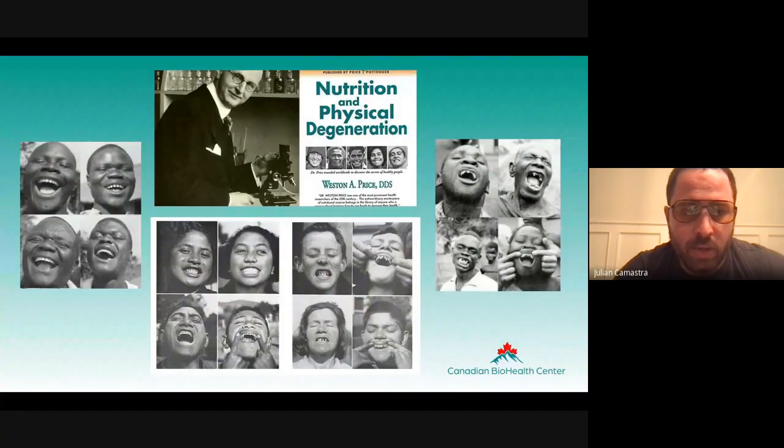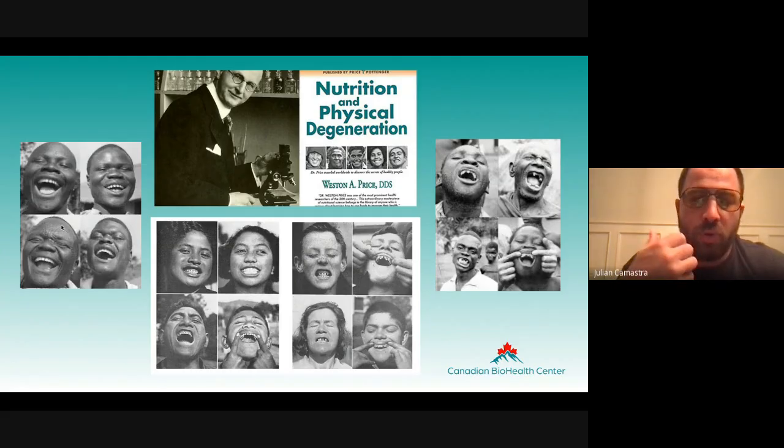He went to observe indigenous cultures from different areas around the world. What he found was they didn't have all of the typical problems that people in the West have these days. Over on the left-hand side, you can see these people have very nice, wide, broad faces. Even some of them have space between their teeth, and their jawbones grew a lot more.